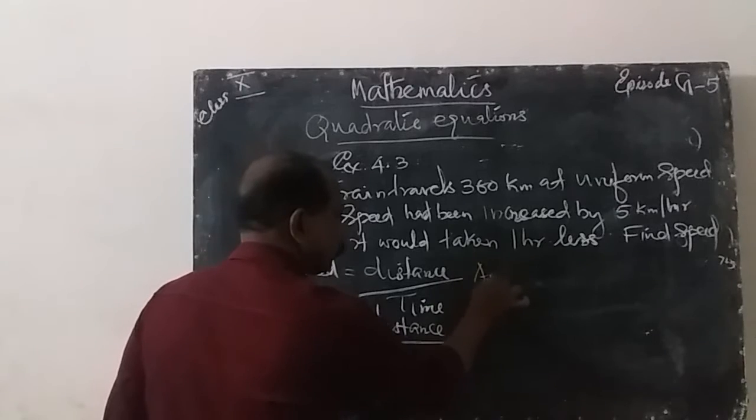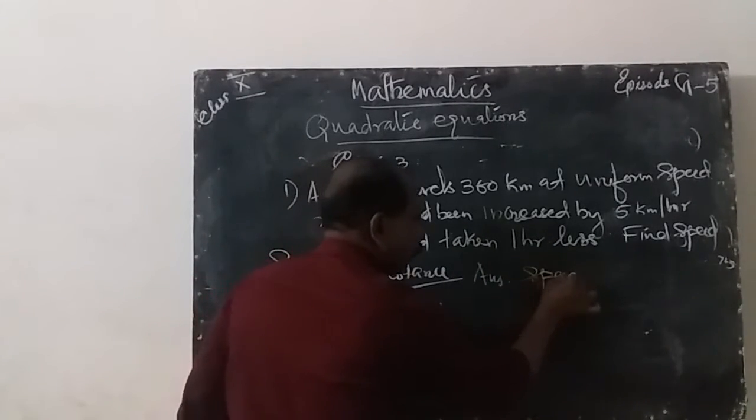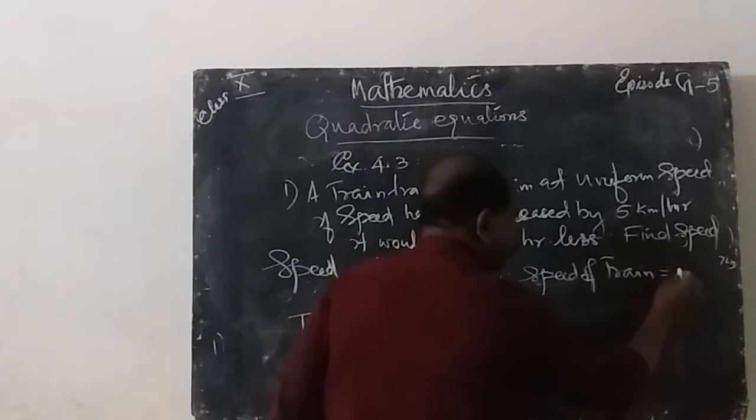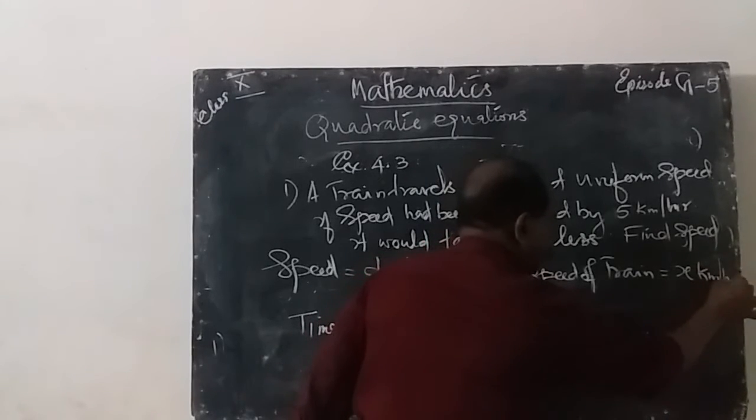What is the answer? Speed of train is equal to x kilometer per hour.